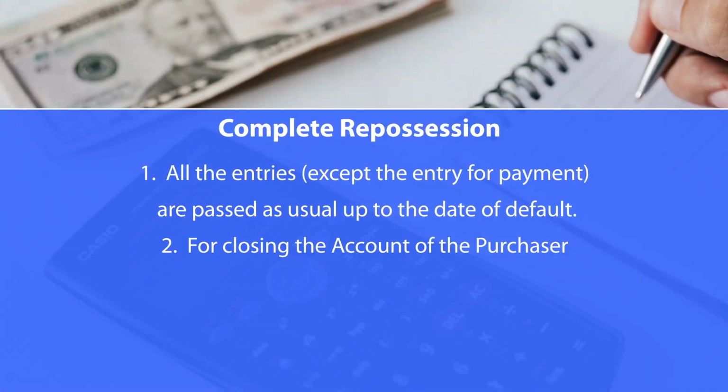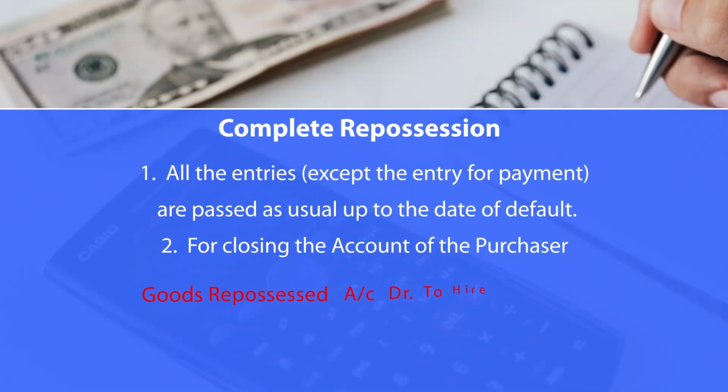Now, for closing the account of the hire purchaser. On account of not fulfilling the promise, the hire vendor has taken a decision to take the entire goods back. Therefore, in the books of the hire vendor, he would like to close the account of the hire purchaser.